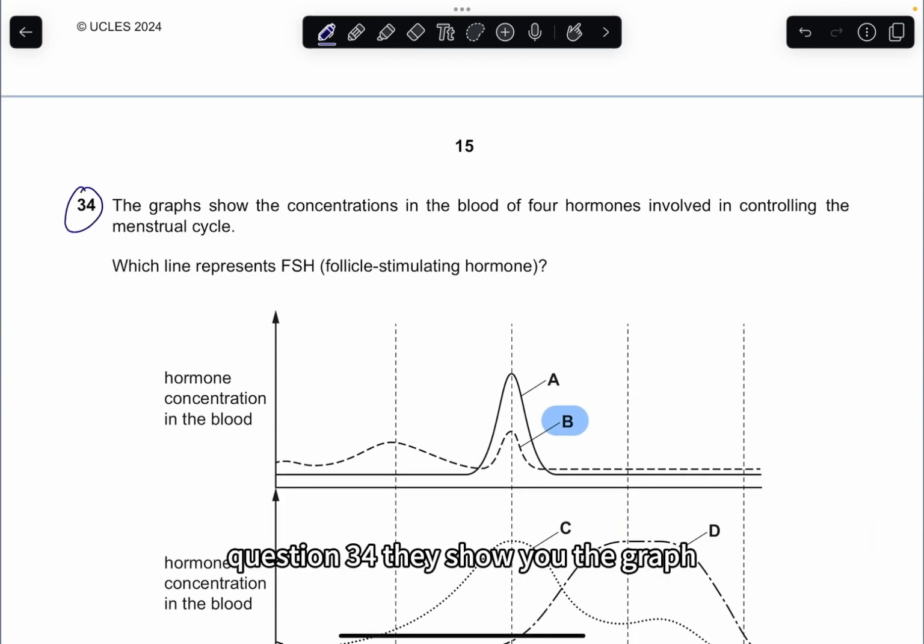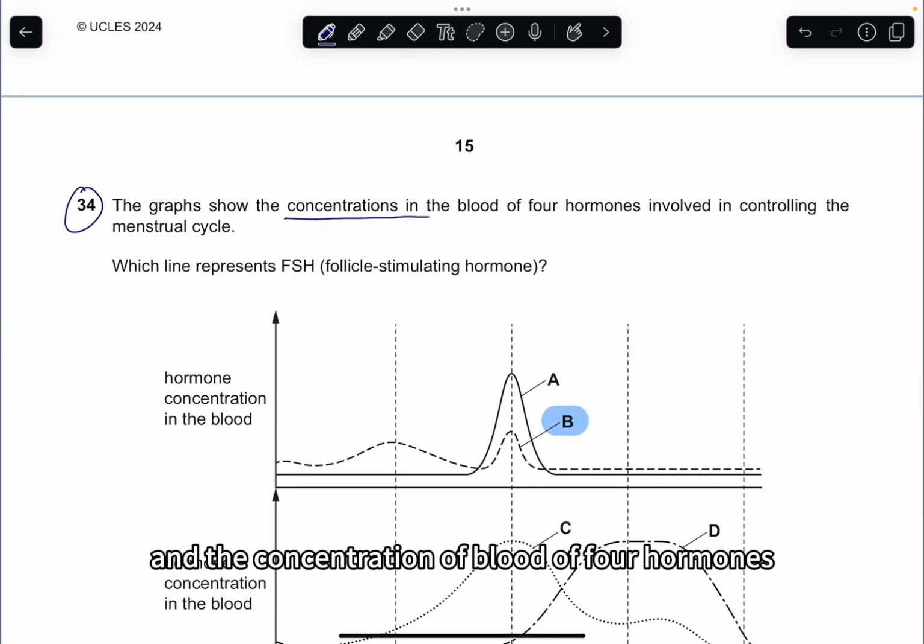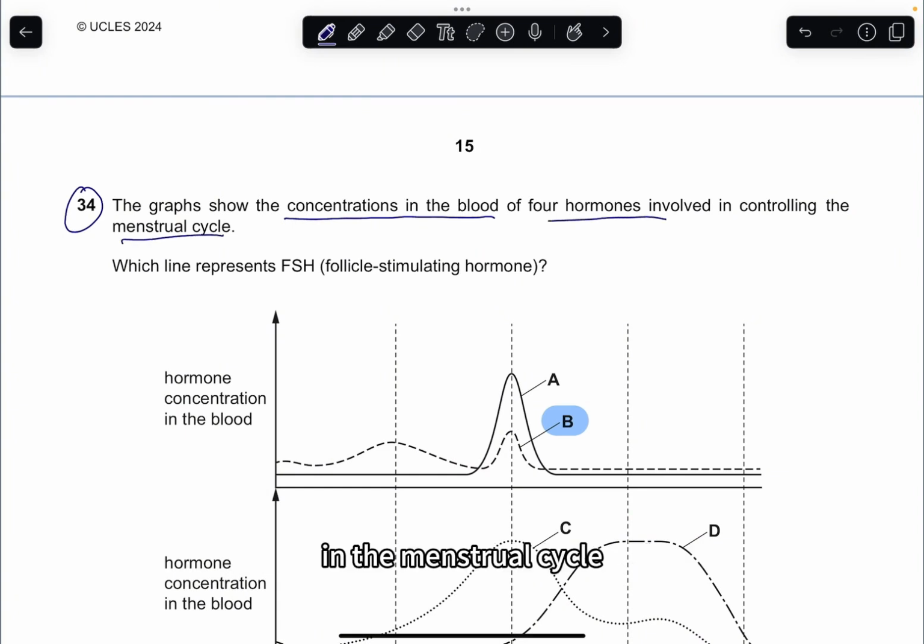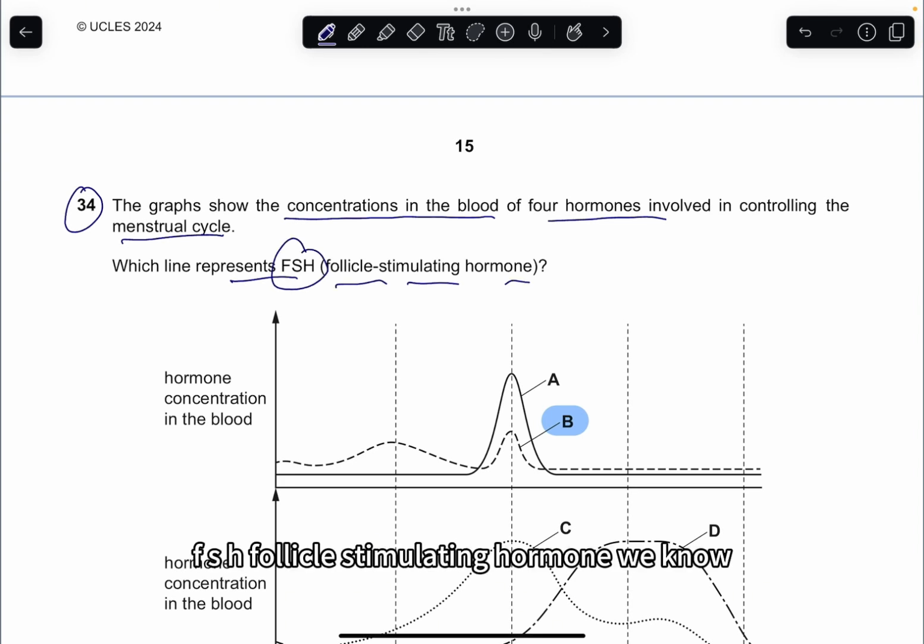Question 34, they show you the graph of the concentration in blood of 4 hormones in the menstrual cycle. Which line represents FSH, follicle stimulating hormone?